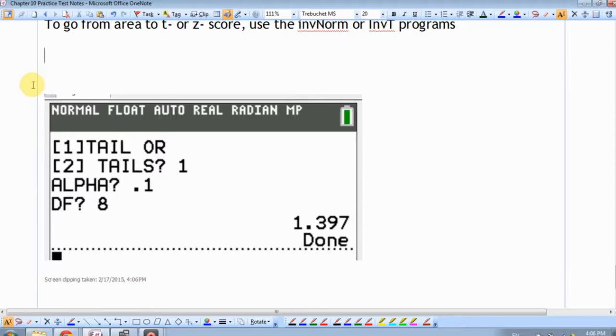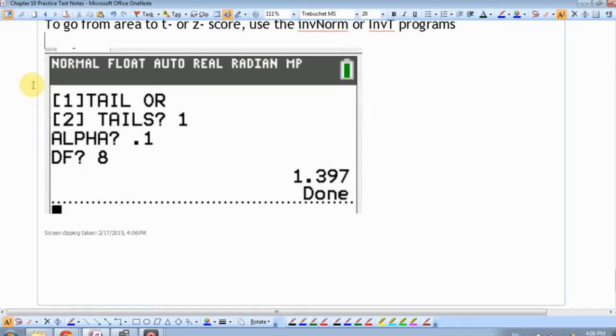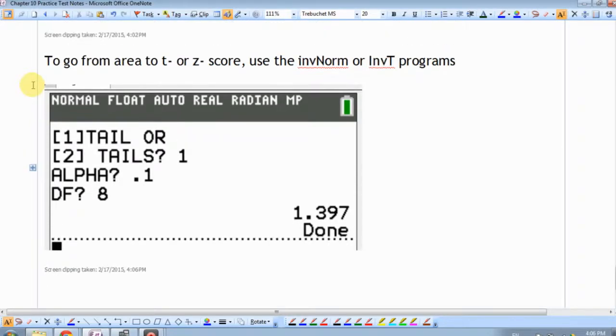Alpha is the area. And the DF. DF is degree of freedom. Oh, and then it says it. Yes, it does. Tells you 8.